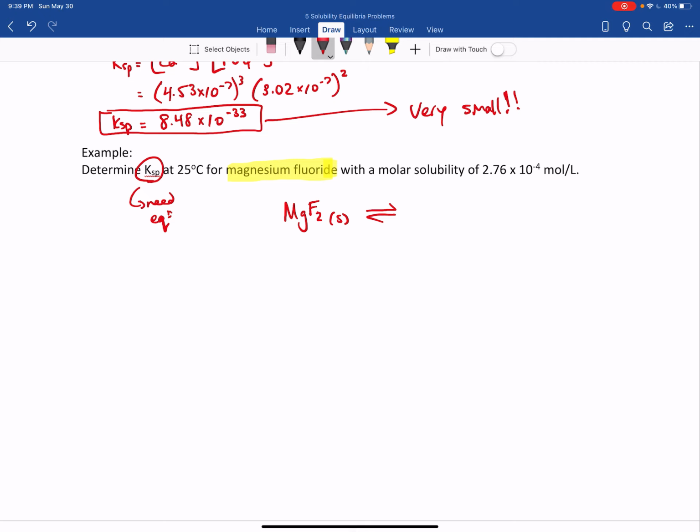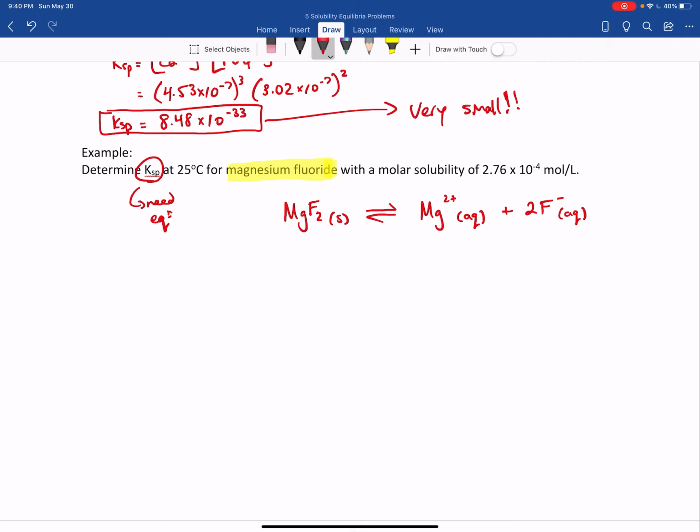And once it breaks up into its ions, we write an equilibrium reaction. We have magnesium with a charge of 2+, aqueous, and again, we're assuming that some of it's dissolved, plus 2 F minus aqueous. So, given that, we can see that this is balanced now.